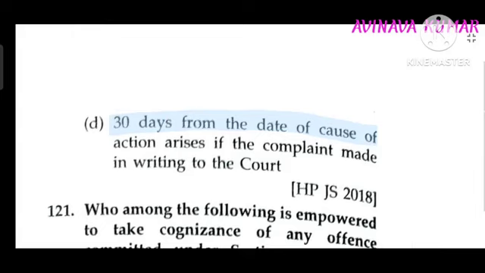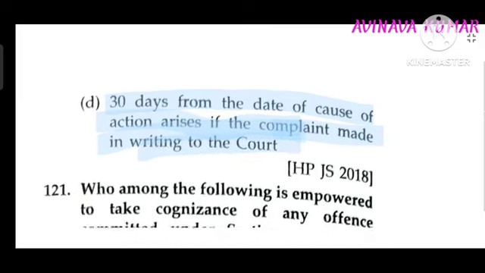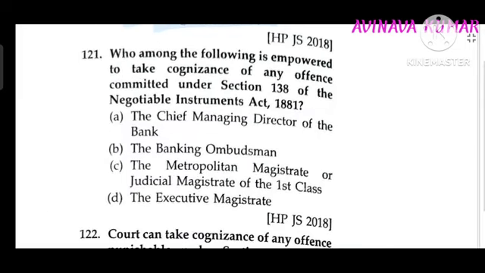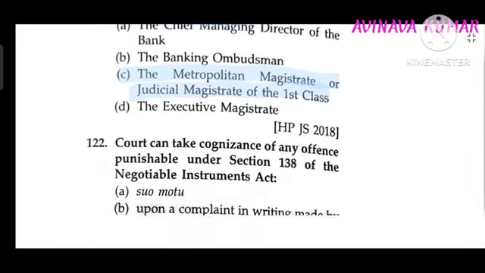30 days from the date the cause of action arises, if the complainant makes it in writing to the court. Who among the following is empowered to take cognizance of an offence committed under section 138 of the Negotiable Instruments Act 1881? Metropolitan Magistrate or Judicial Magistrate of the first class.